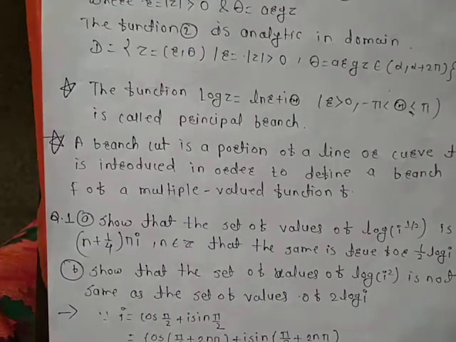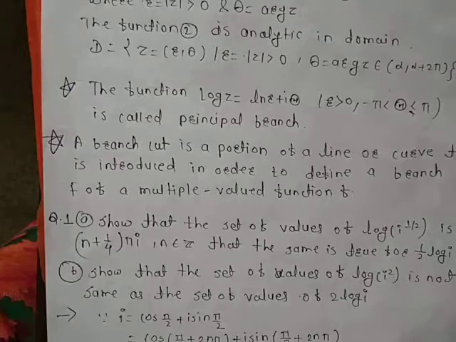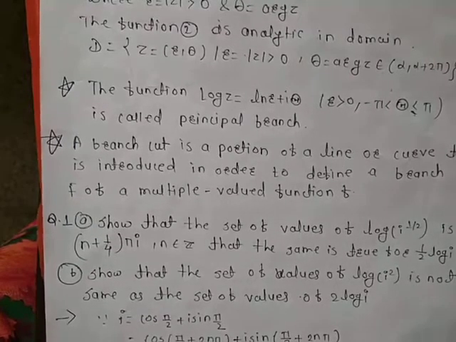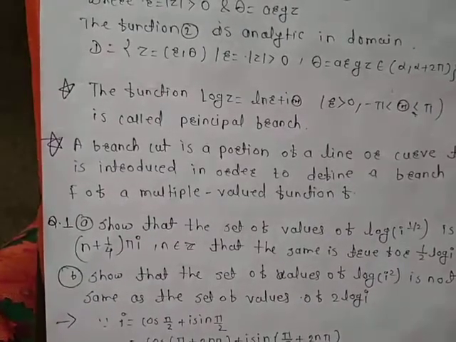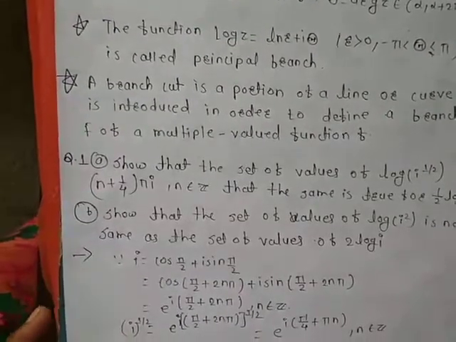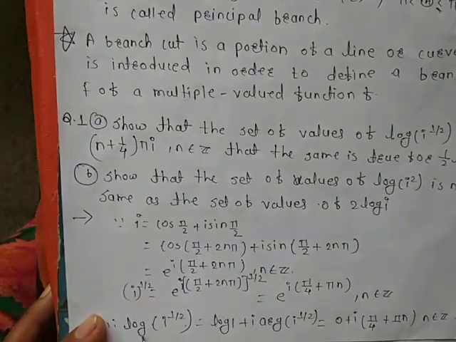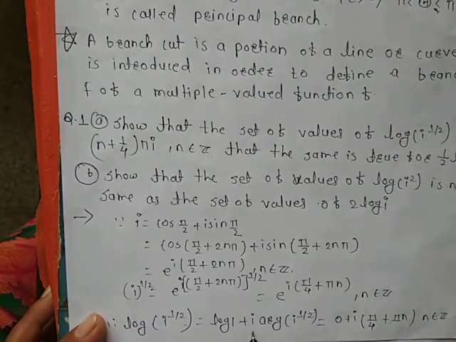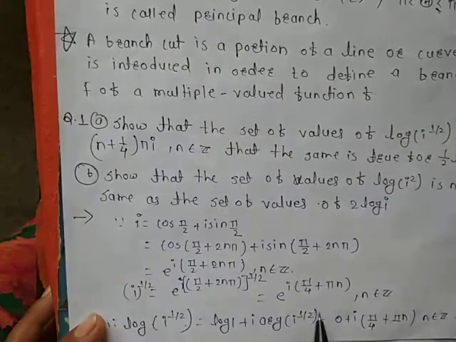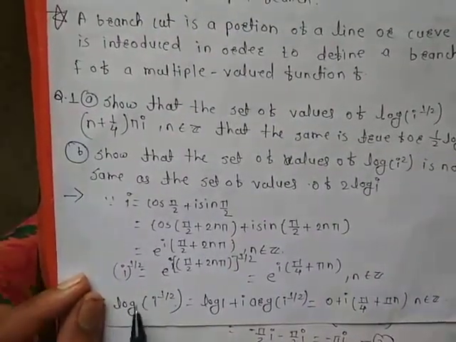Now i raised to 1 by 2 is (e raised to i(pi by 2 plus 2n pi)) raised to 1 by 2. So this is e raised to i(pi by 4 plus pi n), n belongs to Z. Sorry, here we are not taking log on both sides.